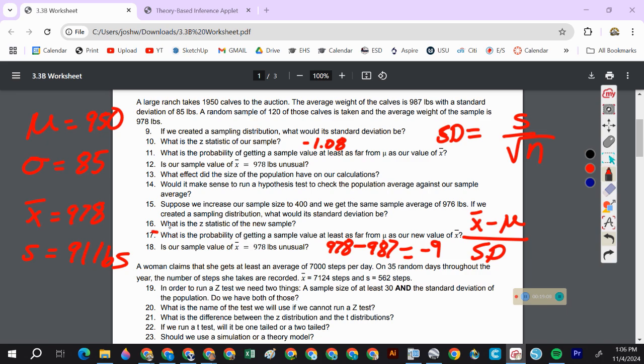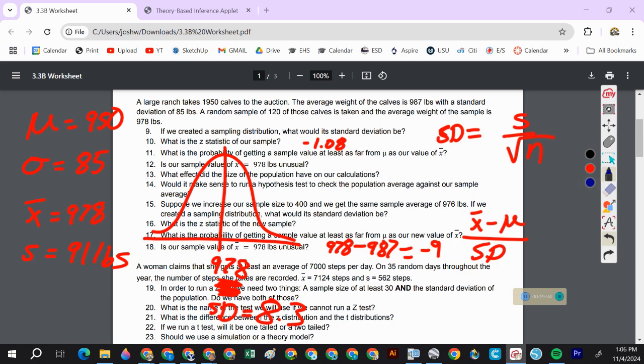So here is my sampling distribution, right? And my sample gave me 978. And then the SD of that was 91 pounds. Well, sorry. I guess the SD of my sampling distribution is 8.3. Okay?